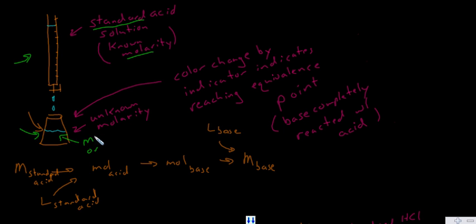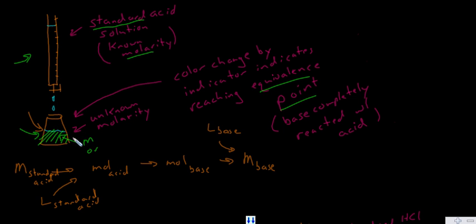So oftentimes you have that color change, and an indicator will allow you to know that you have reached that equivalence point, when all of your base is completely reacted with the acid added, or all of the acid is completely reacted with the base being added.